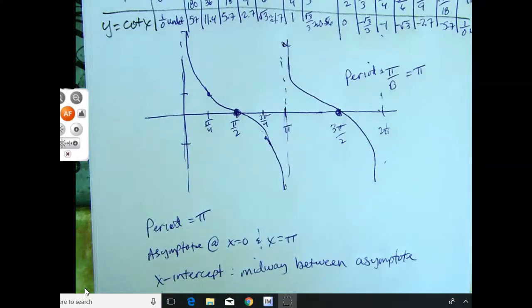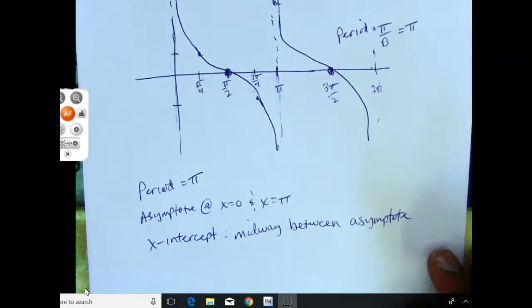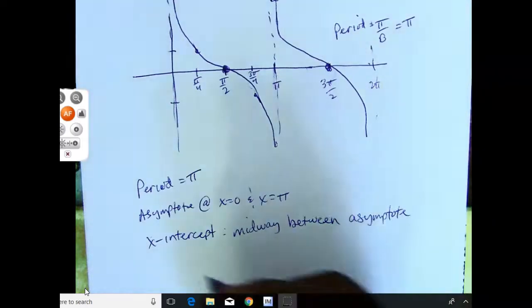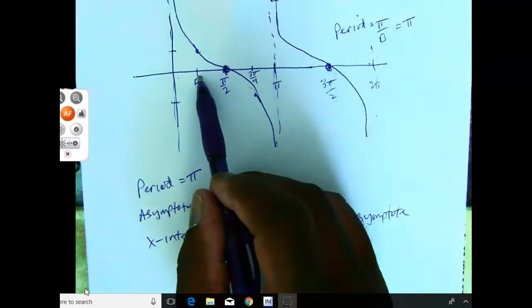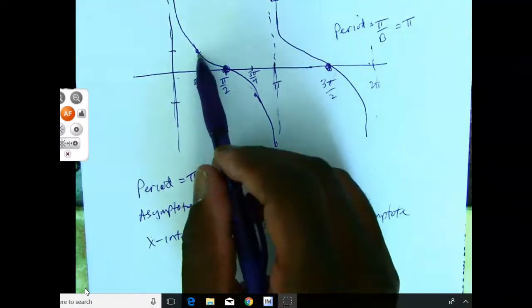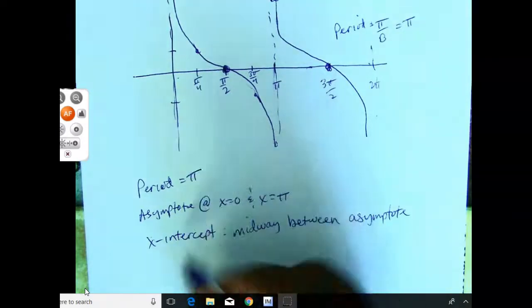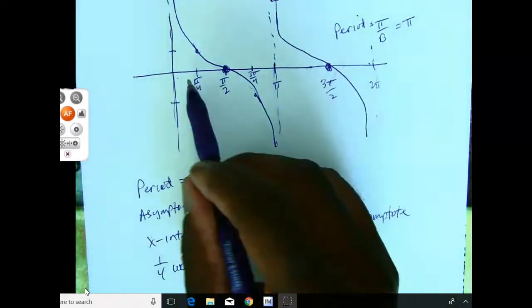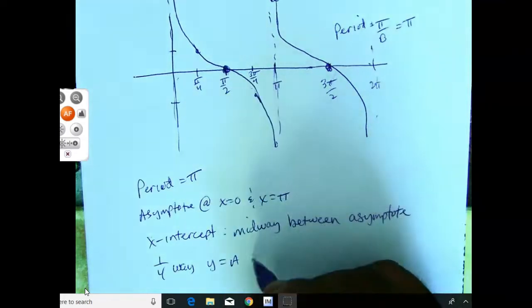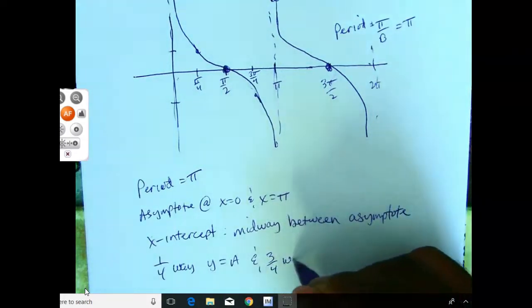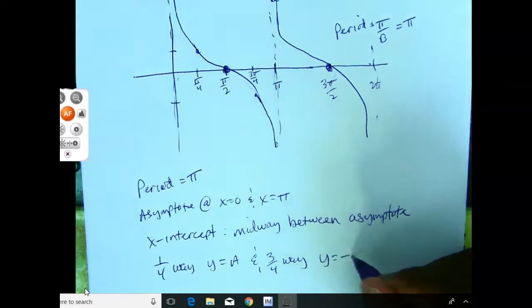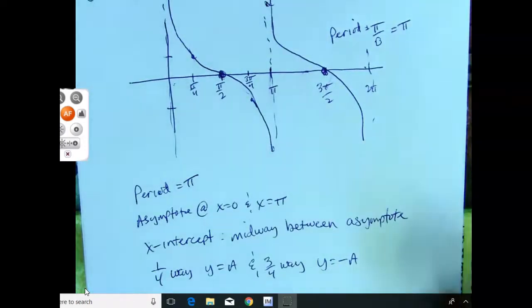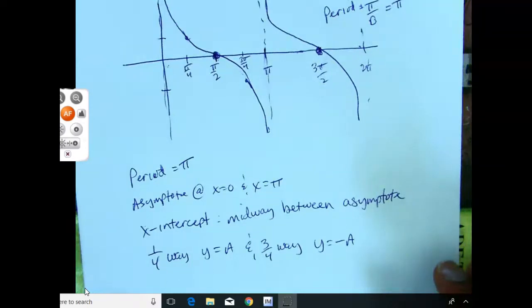And also, 1/4 of the way in our period, y is equal to a. And 3/4 of the way, y is equal to negative a. So very similar characteristics to that of tangent with all of those values.